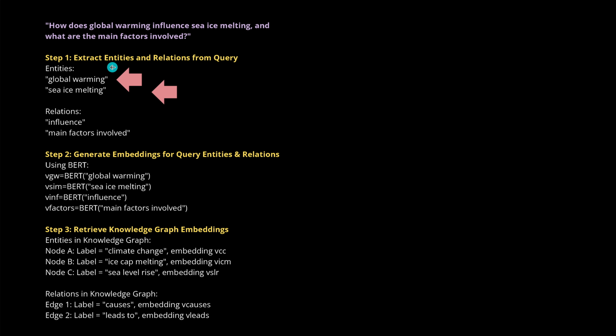So step 1, we extract the entities and the relations from the query. Easy, no? Global warming, sea ice melting, beautiful. And the relation we have is influence, and maybe you go even with main factors involved. Then, if we use BERT, we have embeddings, we have vector representation in a mathematical vector space. We now generate embeddings for the query entities and the relation that we just found.